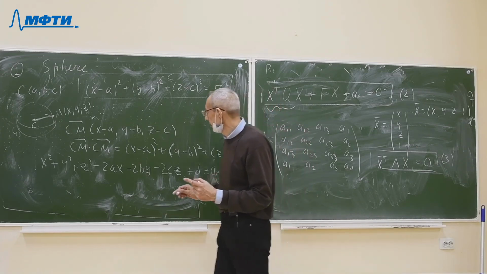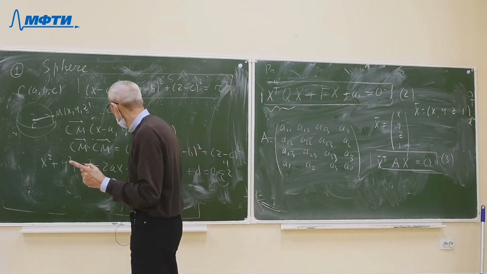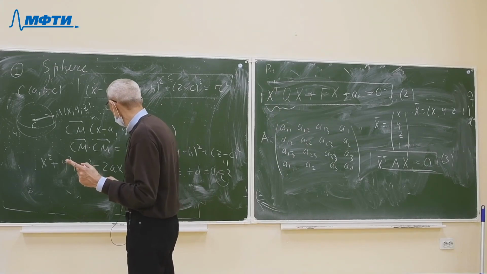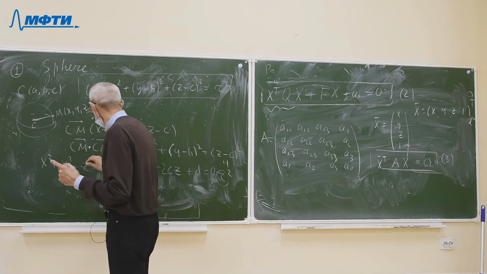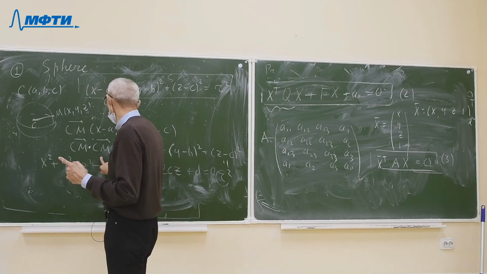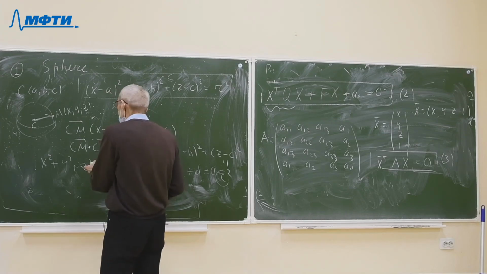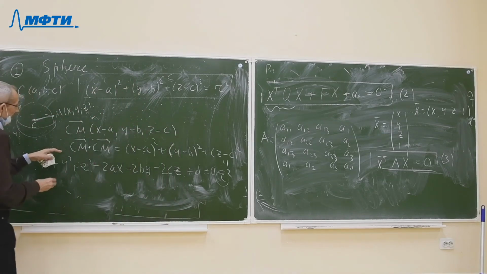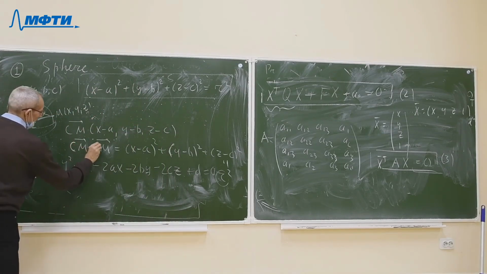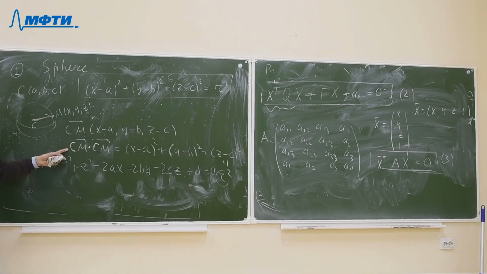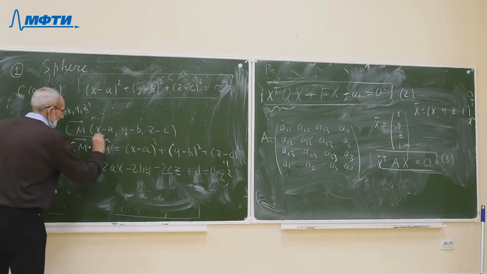Why are we multiplying CM and CM? Why are we multiplying C dot CM times CM? What is the reason for the multiplication?